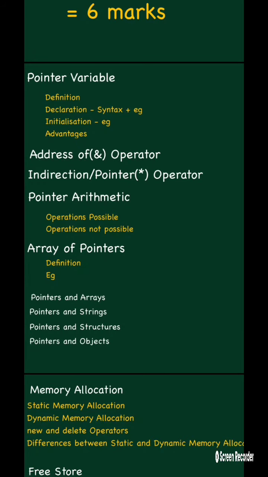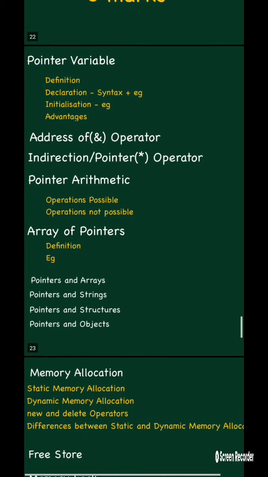This is also important for a 1 mark question. Which is the address of operator and which is the pointer operator? There you have to mention its symbol. You have to write the operator. Next, pointer arithmetic. There we have to specify the operations possible and operations not possible, and write the condition when the operation is possible and when it is not possible.